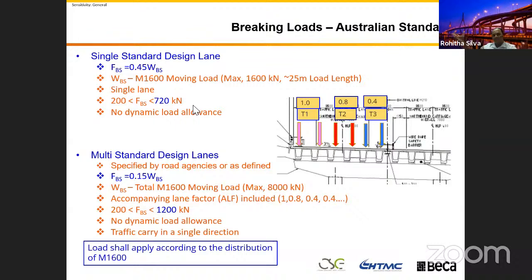You can see your truck weight is 62.5 or 70 ton. Your maximum braking load itself is equal to 75 ton, 72 ton, the weight of that truck. You can do simple maths.